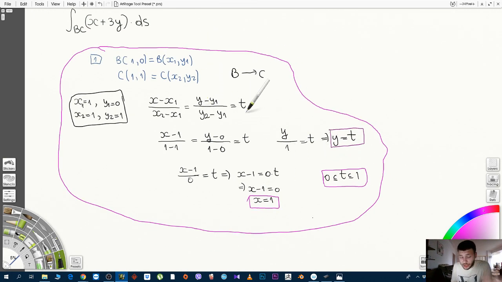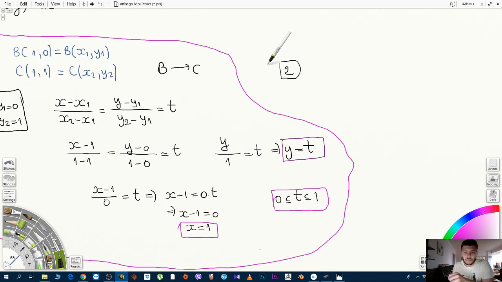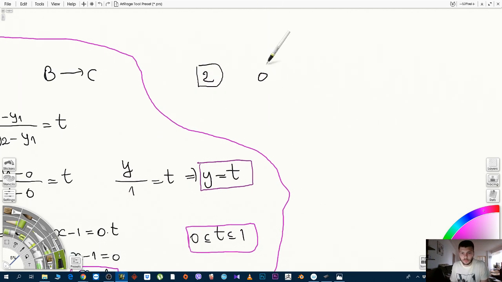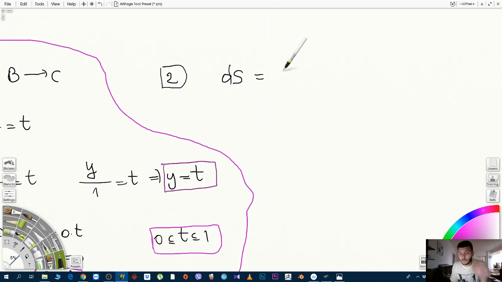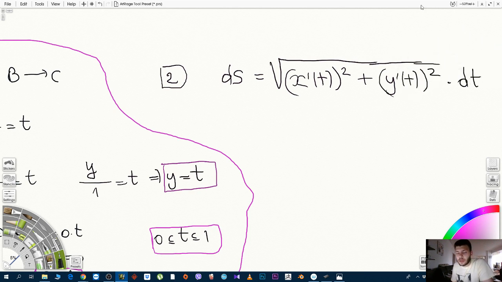That was our parameterization. Let's do the second step. We will calculate the line element: square root of derivative of x squared plus derivative of y squared, times dt.